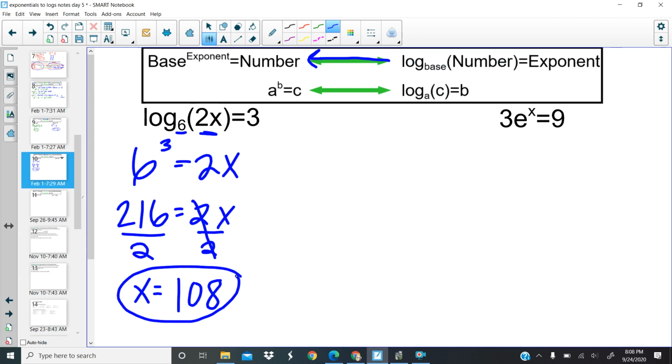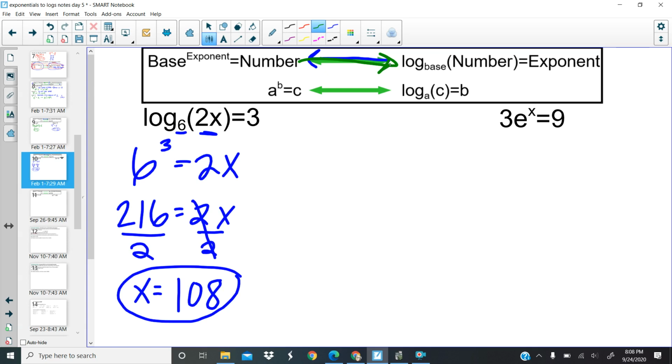On my next example over here, we have 3e to the x equals 9. So I want to go ahead, well, first I want to go ahead and say we're going from exponential form to logarithmic form. So we know we're going to be using a logarithm because that variable, that x, is in an exponent.